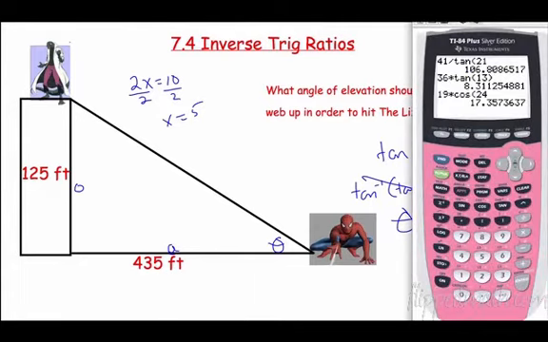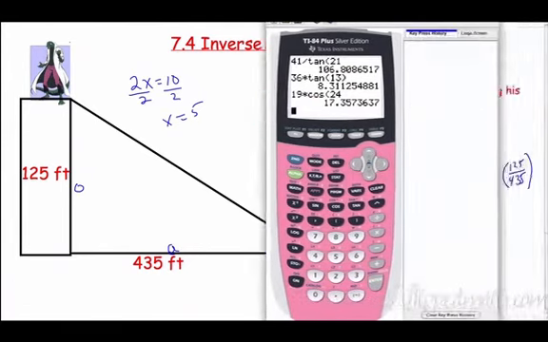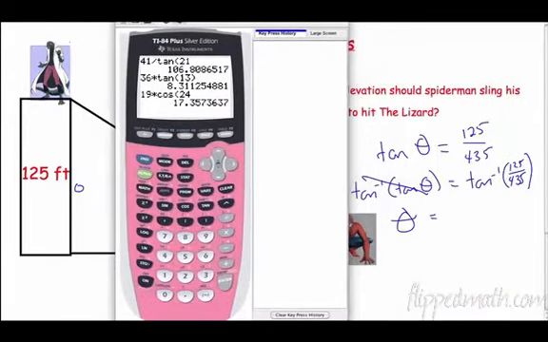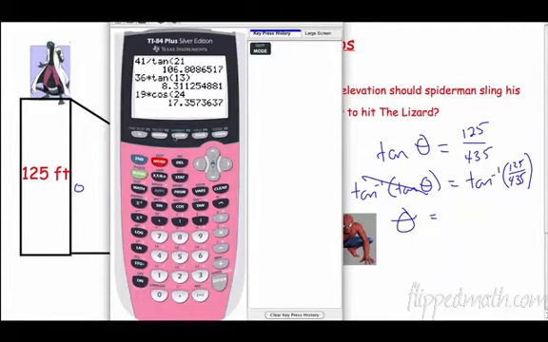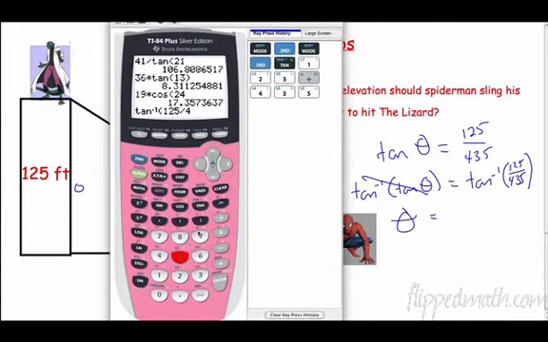So let's take a look at that one. Remember, we have to be in degrees. Let's just check. I'm in degrees, so I'm good. I want to do second tangent. See, the blue is the inverse. 125 divided by 435.